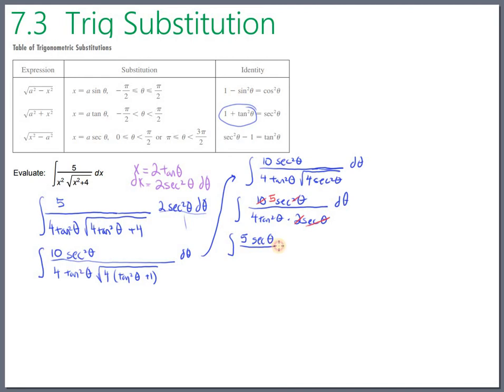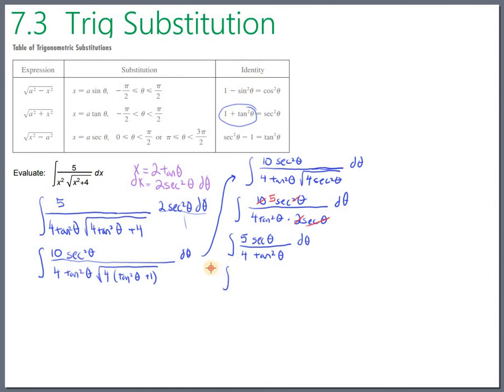Five secant theta over 4 tangent squared theta d theta. And this still maybe isn't immediately obvious. But let's keep going and doing some trig simplification here.